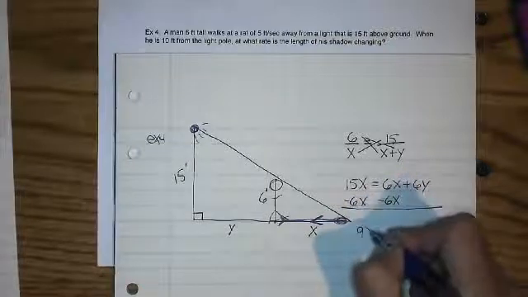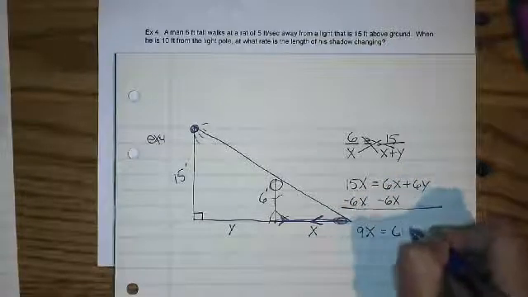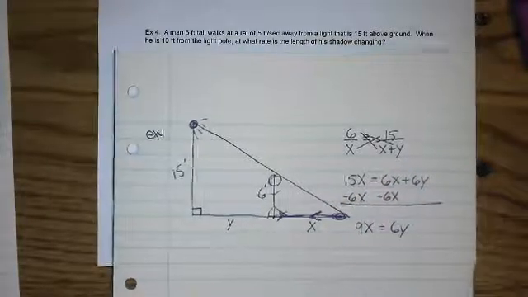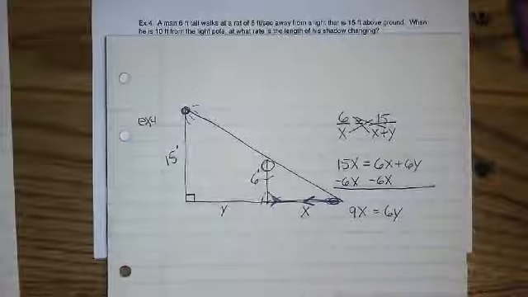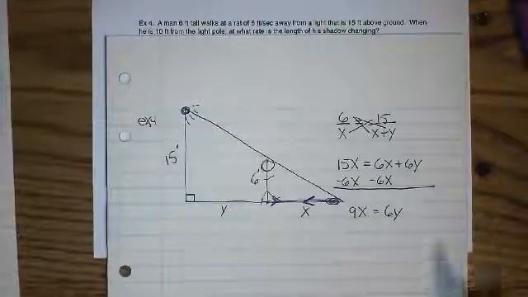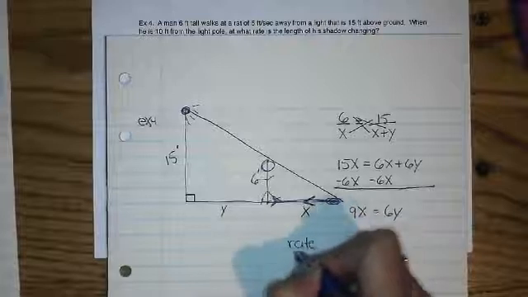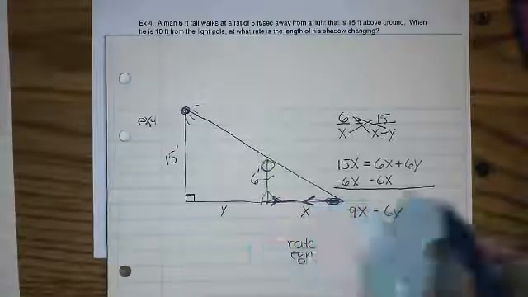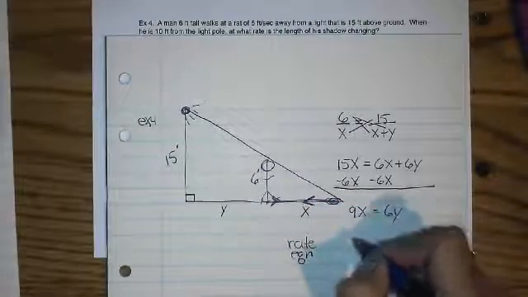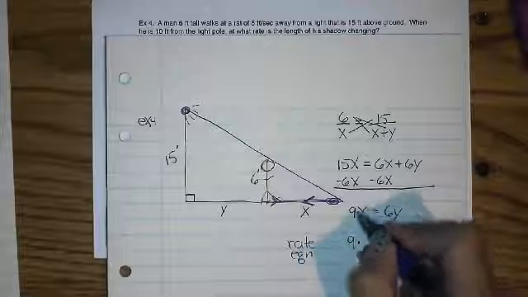And I see x's on both sides, that can come together. Now I'm going to have a much easier equation to work with. Okay, so now we're ready for the rate equation.